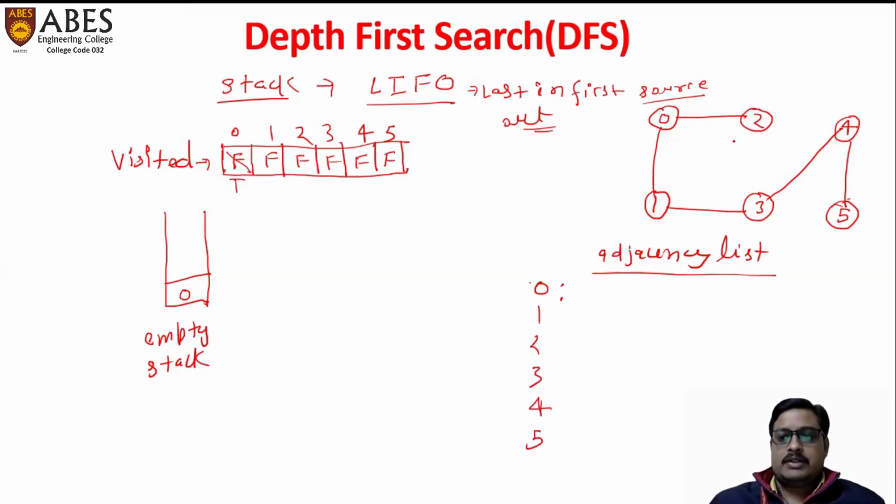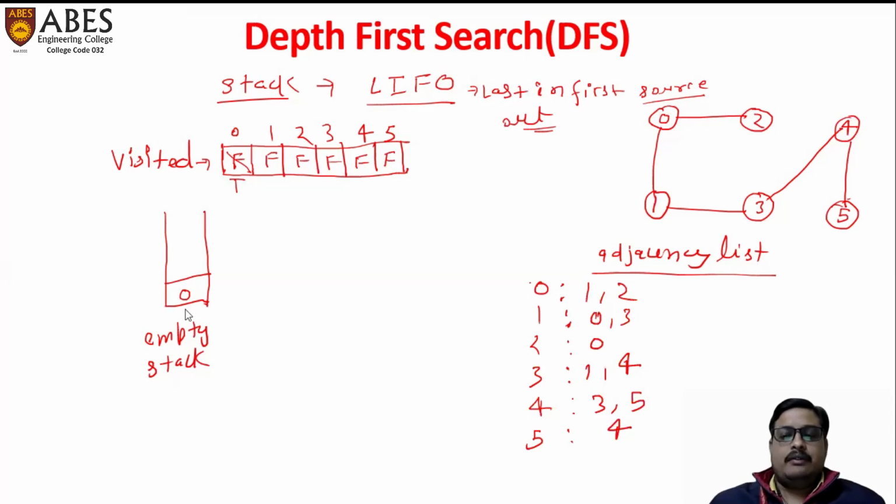So adjacent vertex of 0 is 1 and 2. Adjacent vertex of 1 is 0 and 3. Adjacent vertex of 2 is only 0. Adjacent vertex of 3 is 1 and 4. Adjacent vertex of 4 is 3 and 5. And adjacent vertex of 5 is only 4.